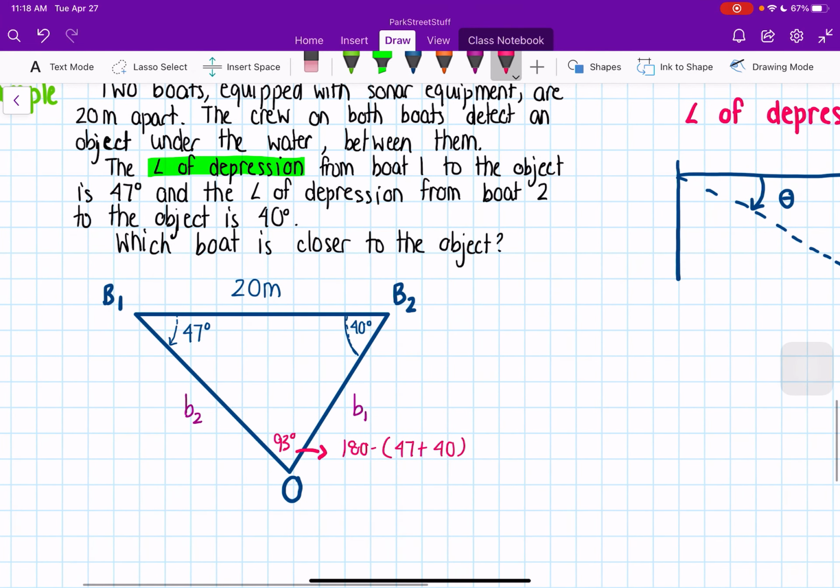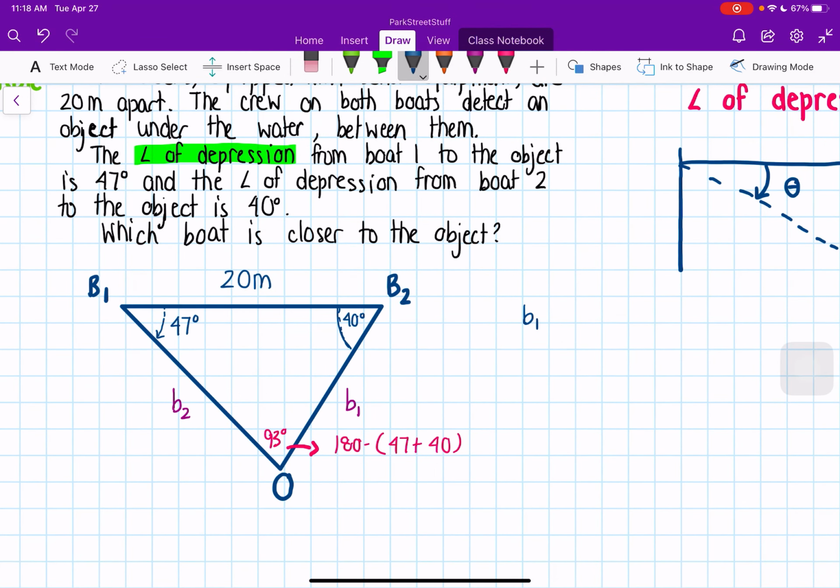Let's find b1 first. And remember, we're solving for a side, so we put the side at the top.